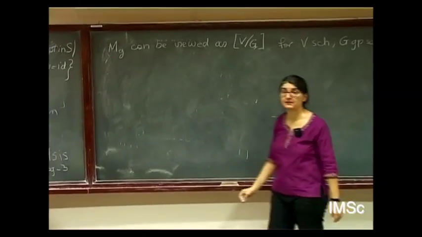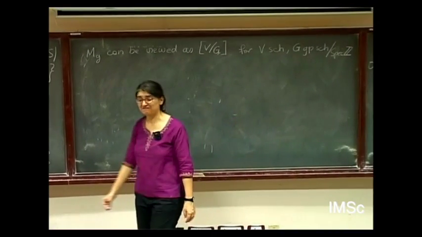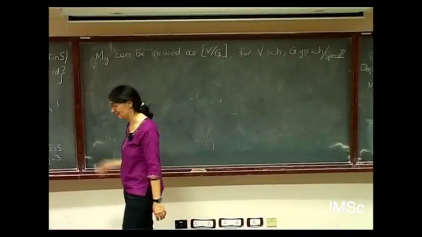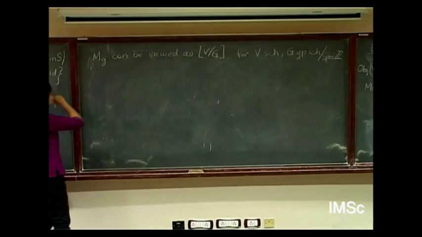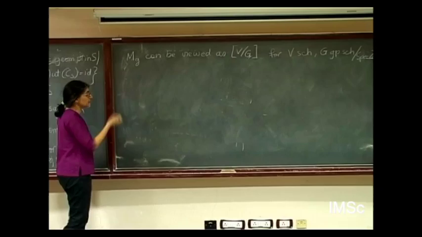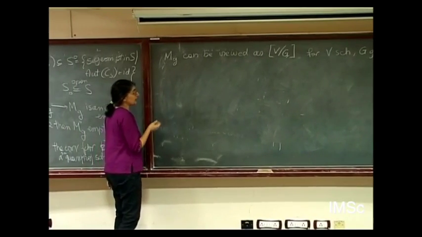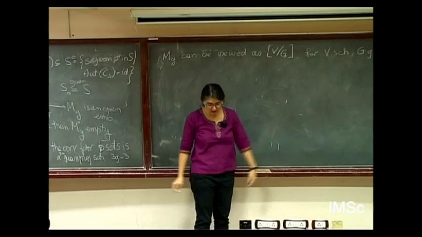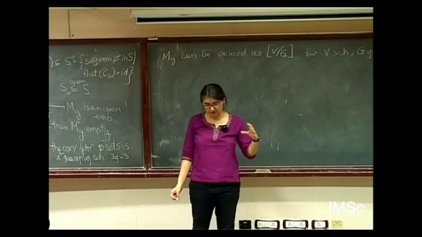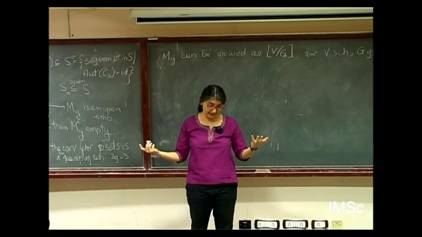It's over Spec Z. So this is very rare that you get stuff which works without trouble over Spec Z. So what you do is basically, I have to find you a V and a G. What does it mean to say that it's the quotient stack?